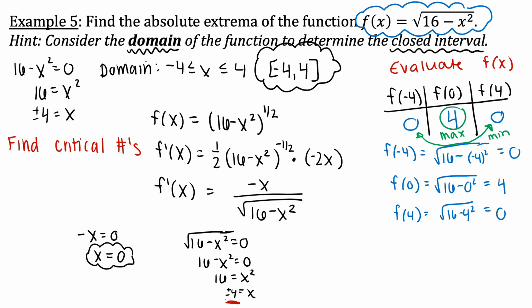If we think about the graph of this function, the square root of 16 minus x squared, what this really looks like is like so. We can see how both those 2 points, (-4, 0) and (4, 0), would both be minimums.